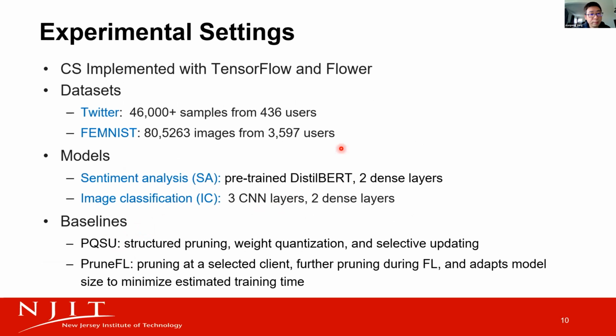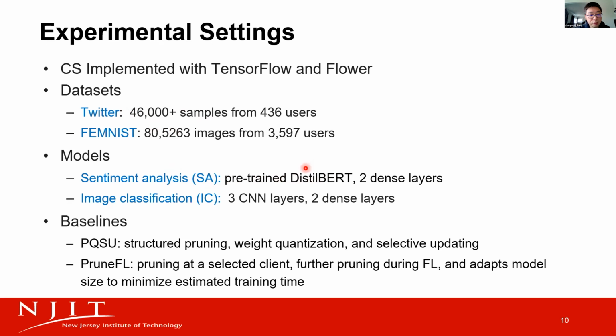So we implemented complement sparsification with TensorFlow and Flower. We used two data sets. The first one is the Twitter data set, and the second one is the FEMNIST image data set. We have two models used. The first one is sentiment analysis, which classifies a Twitter message into negative, positive, or neutral. In this model, we use the pre-trained DistilBERT and two dense layers.